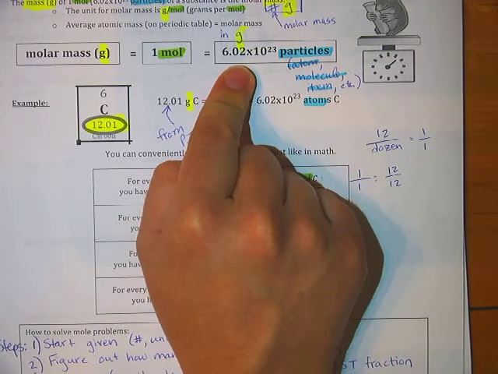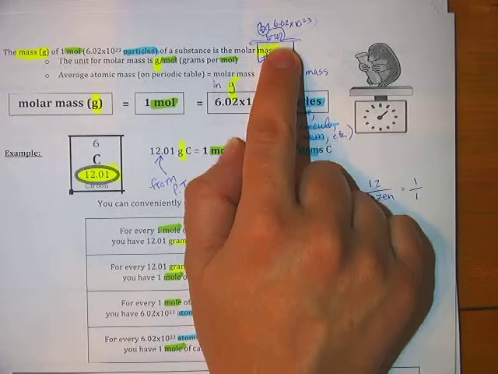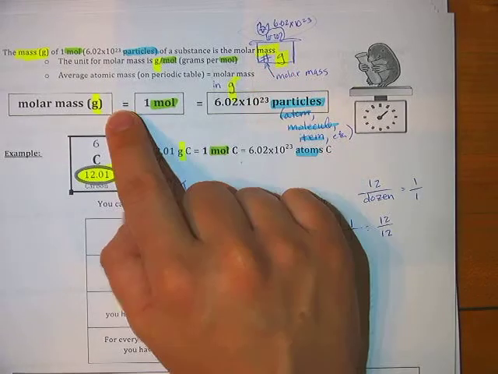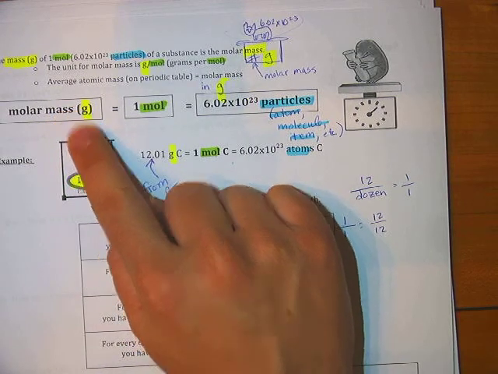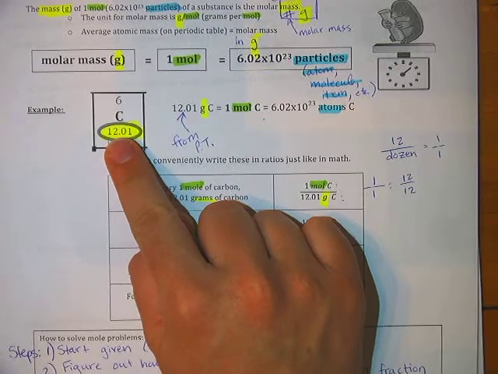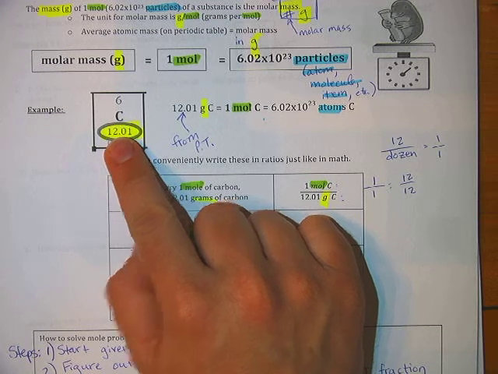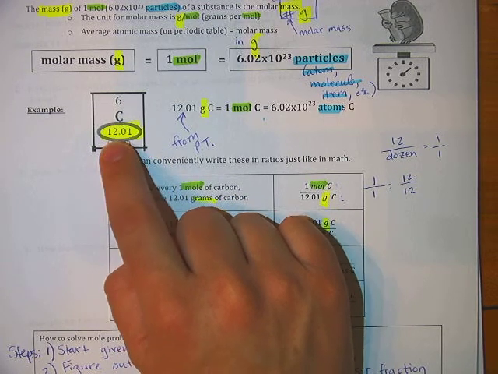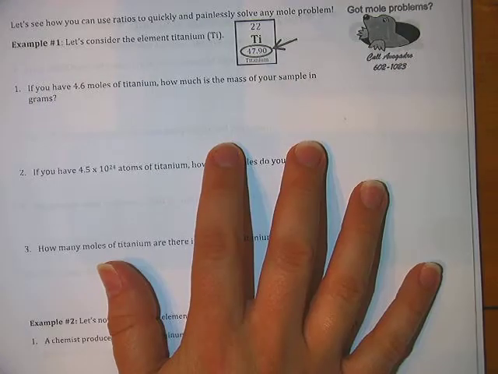And if you weigh all those particles, pile them up and put them on a scale and weigh them, then that number of grams will be called what we call your molar mass. Conveniently, the molar mass is the same as the number of grams. The molar mass is the number of grams for that number of the average atomic mass on your periodic table. Very convenient.